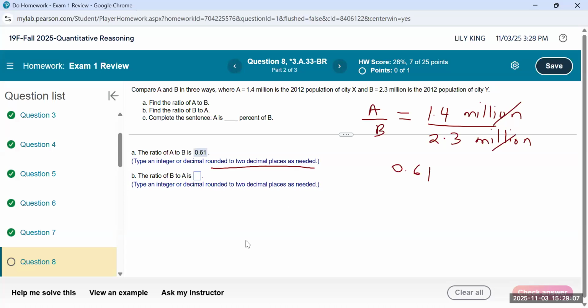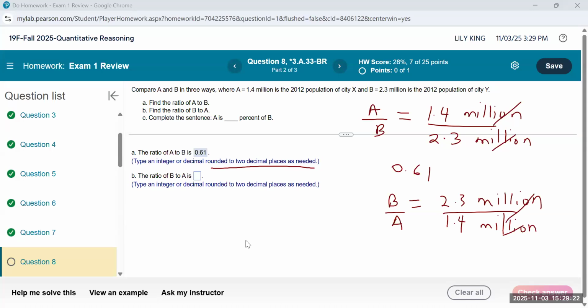All right, the next one is B to A. Your B is 2.3 million and your A is 1.4 million. So million will cancel out. Again, you have to always check the instructions in blue because that tells you where to leave your final result.